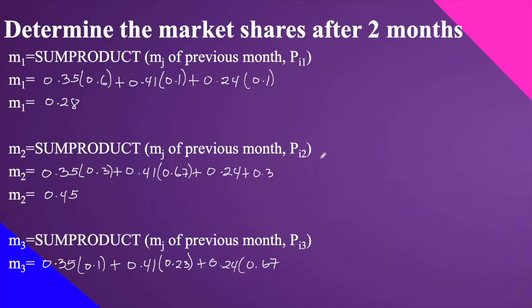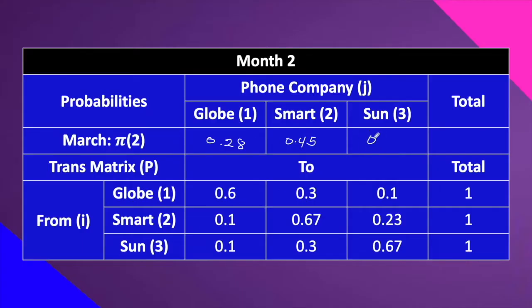Okay? May mali ako ditong sulat. Ngayon ko lang napansin. This should be times. Wala yung plus sign. Okay, so upon computation, guys, this is equivalent to 0.27. Meaning to say, the Sun's market share after 2 months will be equivalent to 0.27 or 27%.